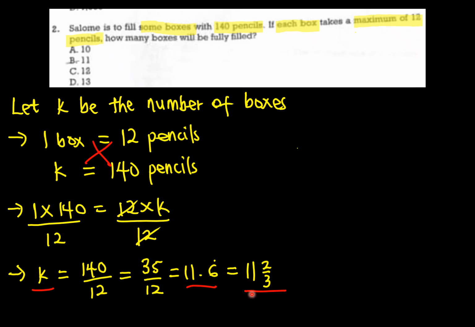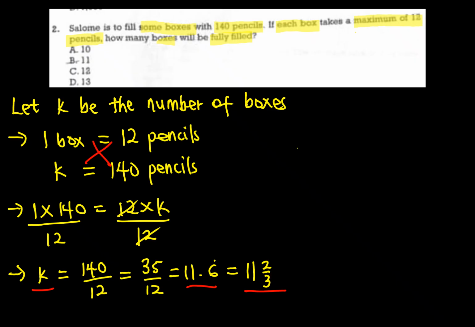So it means that the 11 whole number can be filled with pencils fully, whilst this 2/3 can also be filled with pencils but not fully. That is why the question asks how many boxes will be fully filled. So it means that 11 boxes can be fully filled with pencils, whilst 2/3 of a box can also be filled with pencils but not fully.